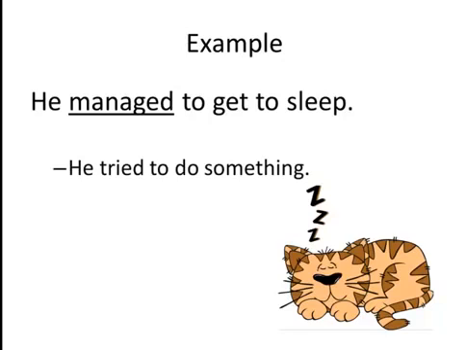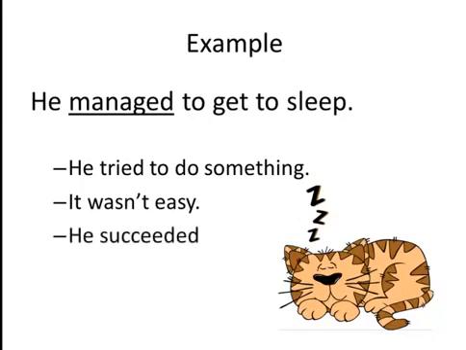So managed is the idea of trying to do something that wasn't easy but that you did do it. You succeeded. Those are the three elements of the word managed. If you tried something that was difficult and you didn't do it, then clearly that's not managing to do it. If you tried something that was easy, that wasn't managing to do it either.